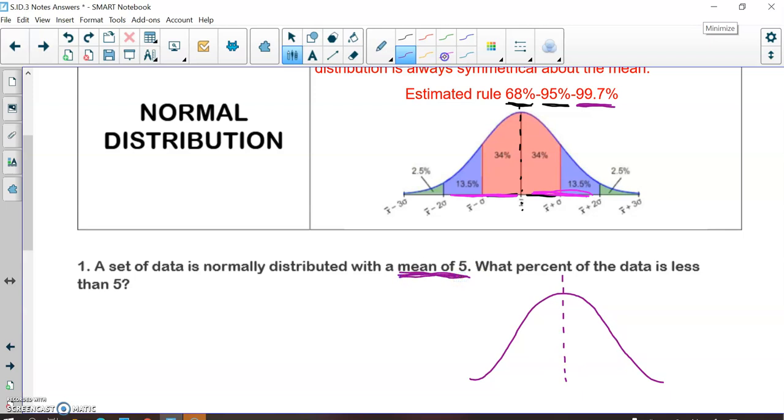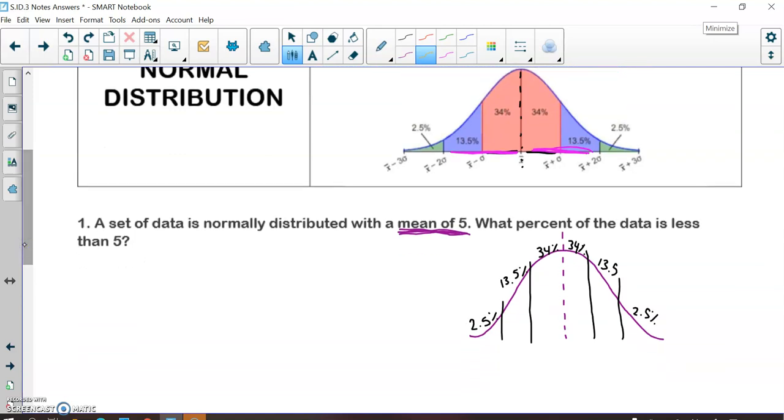We want the percentage, and I'm going to draw the rest of my values in. Within 3 standard deviations, this is 2.5%. Within 2 standard deviations, this is 13.5%. And within 1 standard deviation, this is 34%, and also on the other side. So we want what percent of the data would be less than 5.